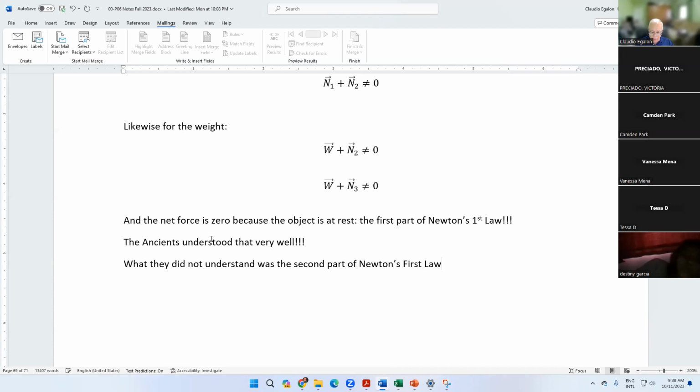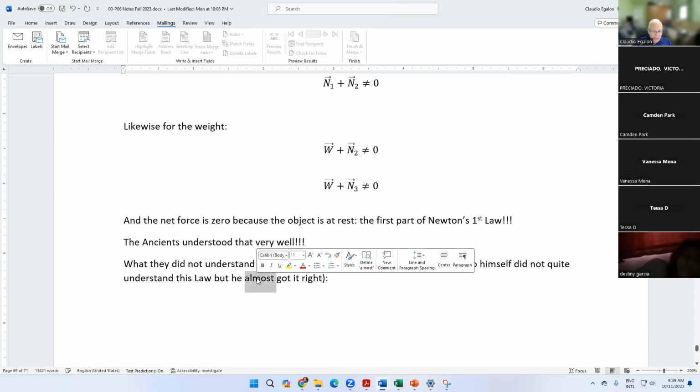Even Galileo himself didn't quite understand the second part of Newton's first law, but he almost got it right. Almost. Okay.